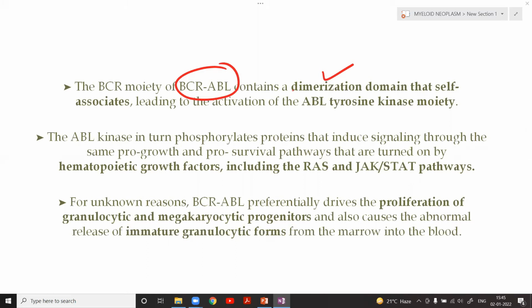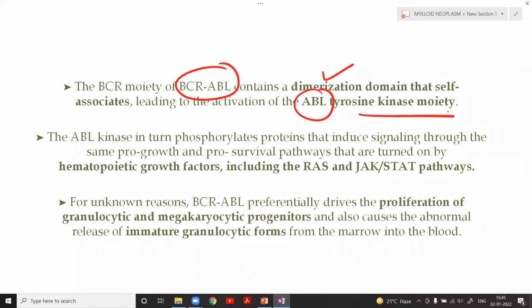The BCR moiety of the BCR-ABL contains a dimerization domain that self-associates, leading to activation of the ABL tyrosine kinase moiety. So it is the BCR moiety which is activating ABL.